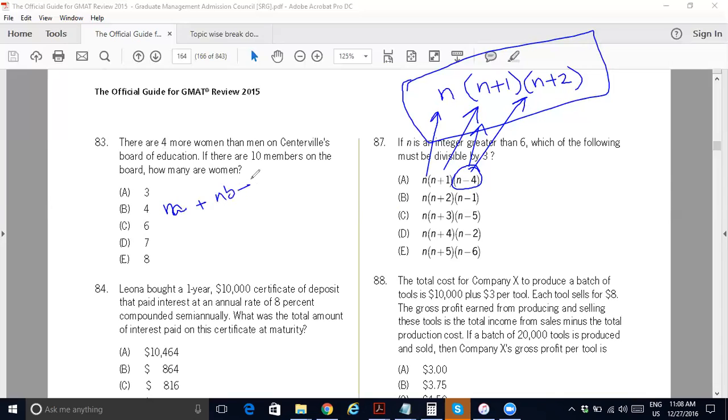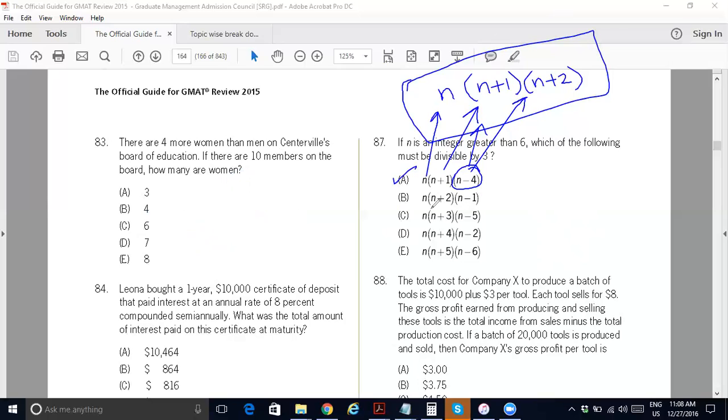Whether we are adding na plus nb, remainder 0, we will get a remainder of 0. If we are getting this and this, then 0 and 1, we will get a remainder of 1 only. So whether we are adding n to nb plus 1, the remainder doesn't change. So I can add the number 6 here to make it look like this. Since I can convert it into this form, it satisfies.